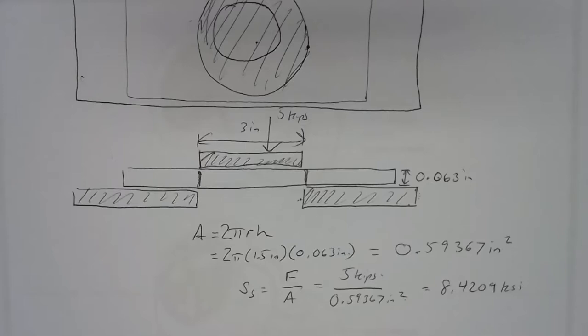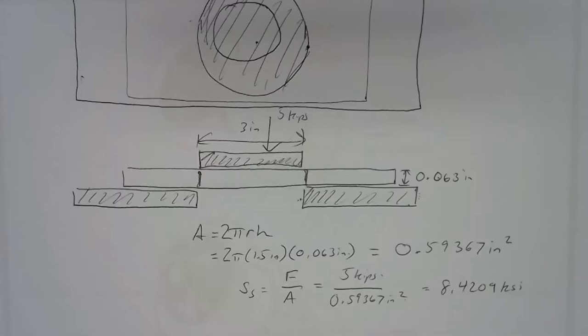So I may need more force or less area. Maybe I've got to use thinner sheet metal. Maybe this punch isn't designed to work on 63 thousandths. Maybe it needs 40 thousandths or 25 thousandths. So the stress can be used to evaluate lots of different situations. Will it break or won't it?